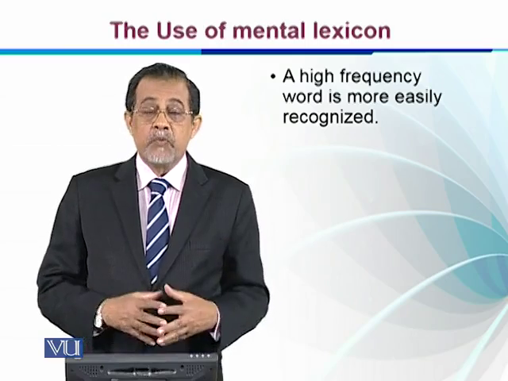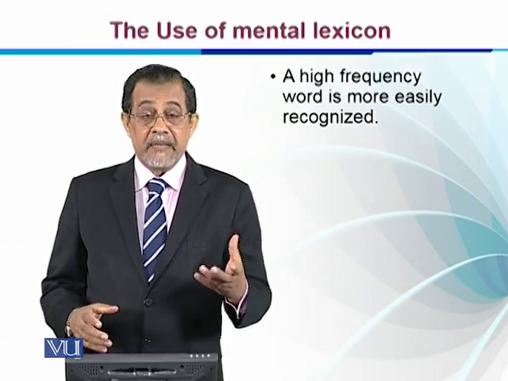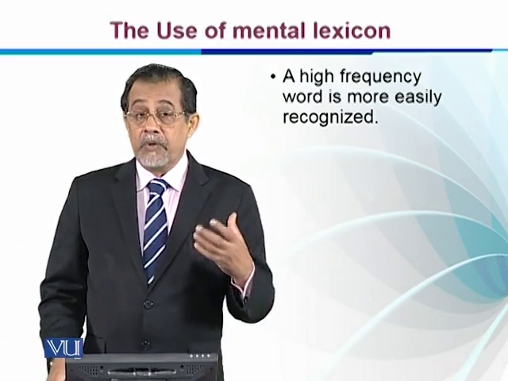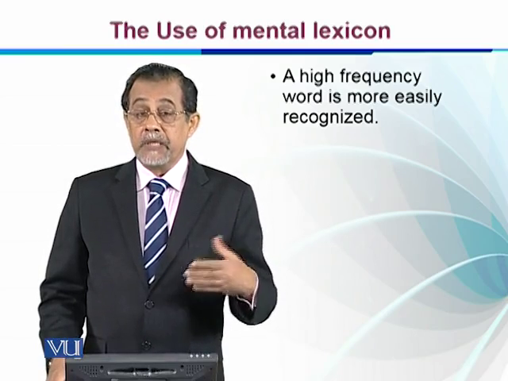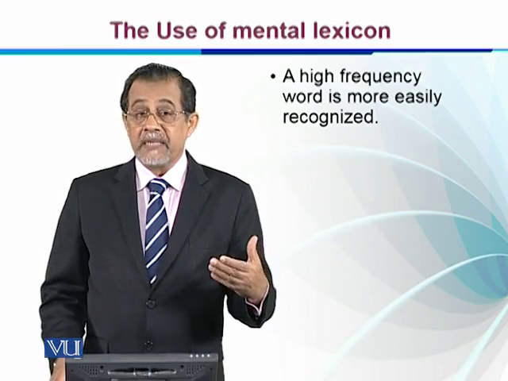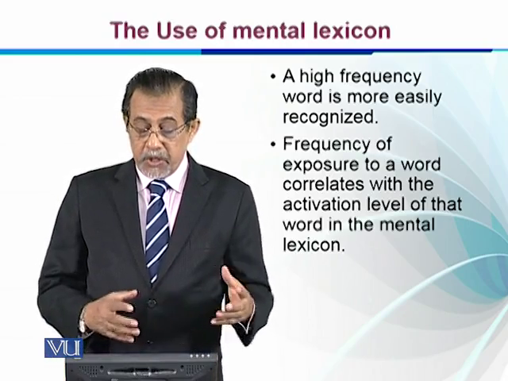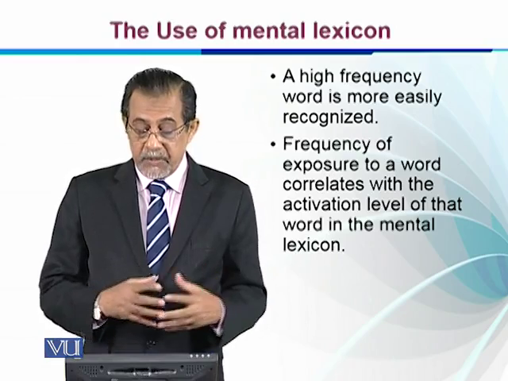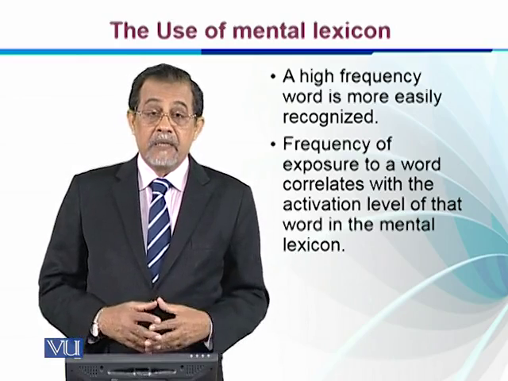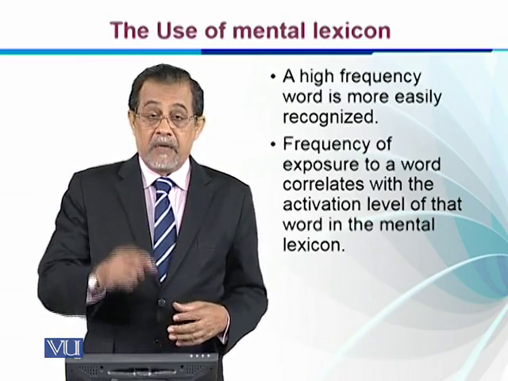A high frequency word is more easily recognized. Obviously, the more frequently we use a word, the more quickly we recognize that word. Frequency of exposure to a word correlates with the activation level of that word in the mental dictionary.